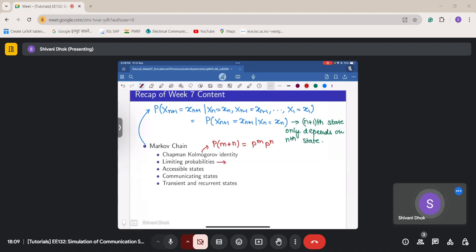It said that a Markov chain can have something like this, and if this happens, where P is the probability transition matrix, then this pi is known as the stationary, or let's say limiting, distribution.